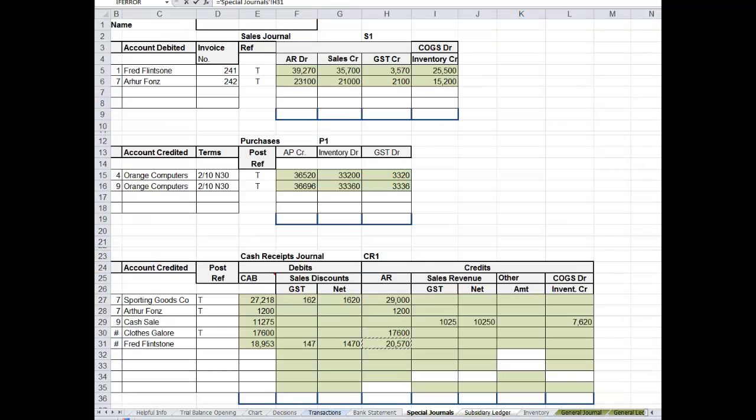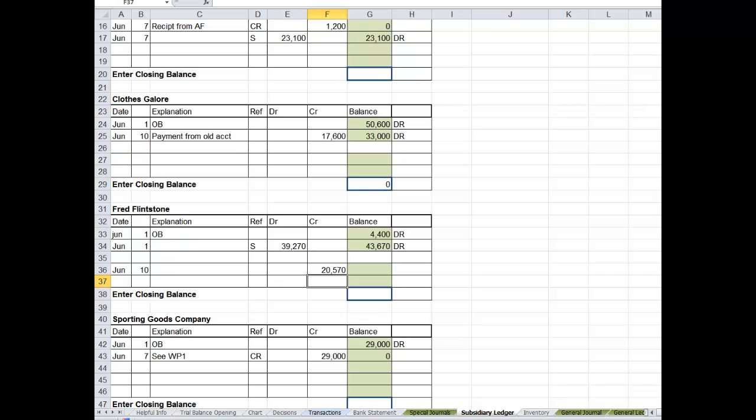Credit to accounts receivable 2507, and the reference would be the cash receipts. Now, this is not going to work at the moment because I haven't posted an item in here. I was going to let you work that out. Now, if you've already done that, this will work for you, but let me go back and post that item.